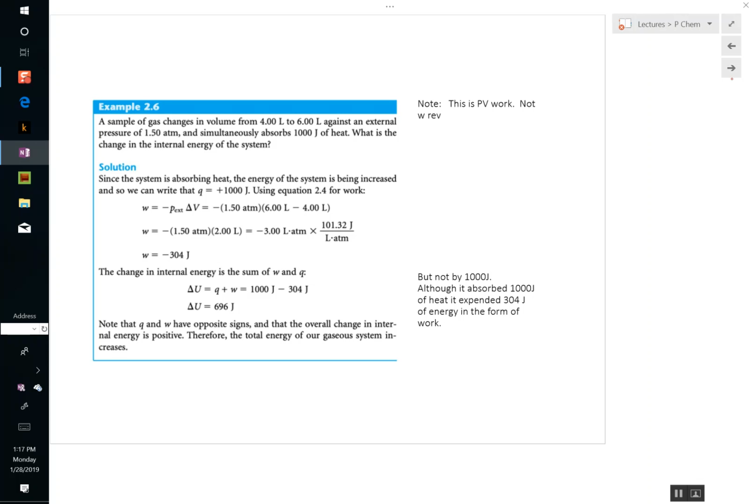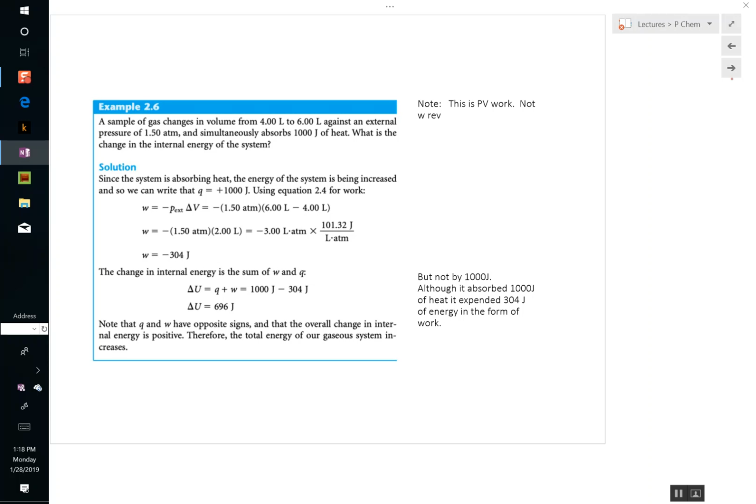So why is it absorbing this heat? Yeah, that's a good question. It's expanding, and you would think it's going to cool. There's another example they give you similarly, and all I can assume is these are two separate things going on.